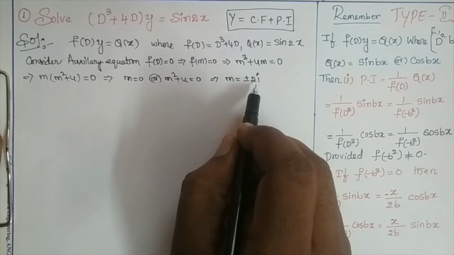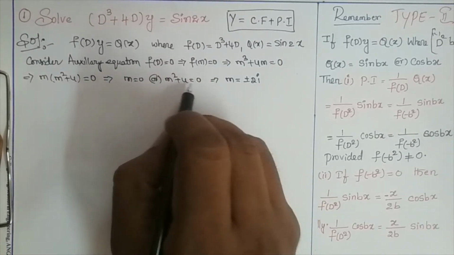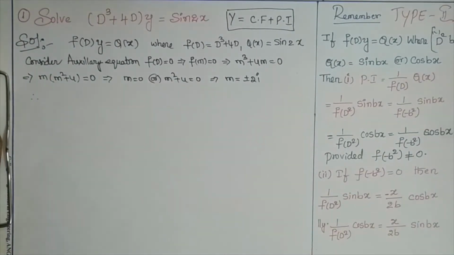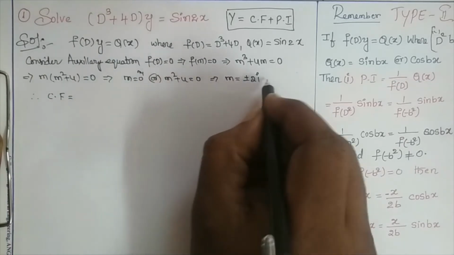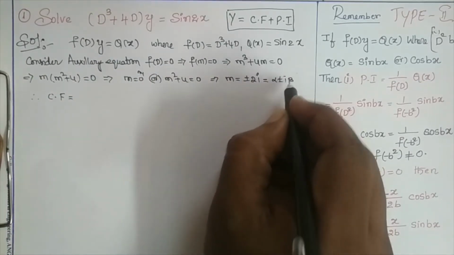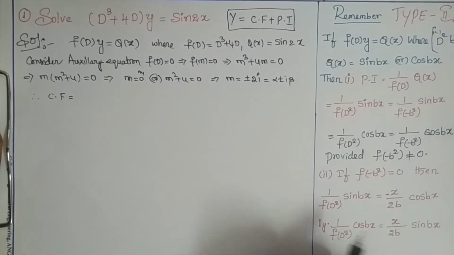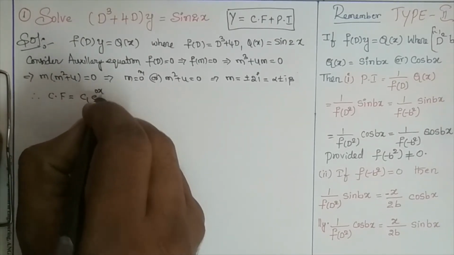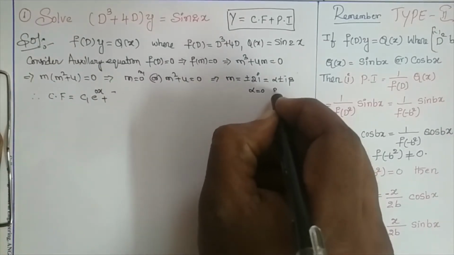According to the rule for constructing the complementary function, here we have three roots: one real root and two complex roots. The complementary function is like this. CF is equal to, this is m1, this is alpha plus or minus i beta. The formula is e power alpha x into c1 cos beta x plus c2 sin beta x. Already c1 is here, so that is c1 e power m1 x. m1 is nothing but 0, alpha is 0, beta is 2.